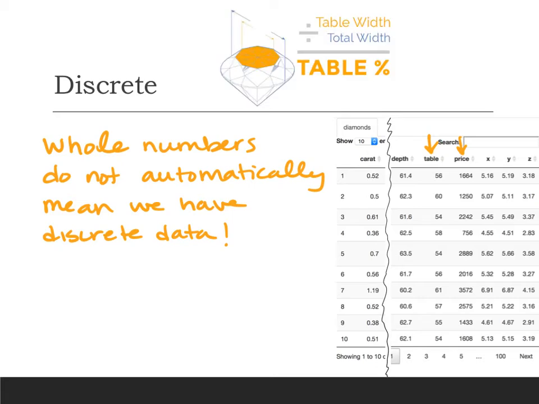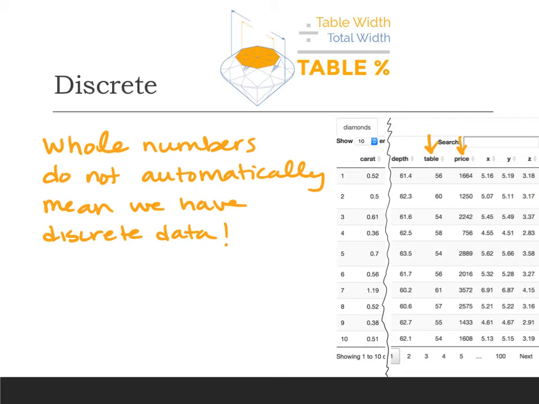All right, by the way, I learned a lot more about diamonds than I ever knew in preparation for this chapter. The table is actually a percentage, and it's the table width, which is this yellow part on the diamond, the flat part on top, divided by the total width, so whatever the diameter is. And it is a percentage.